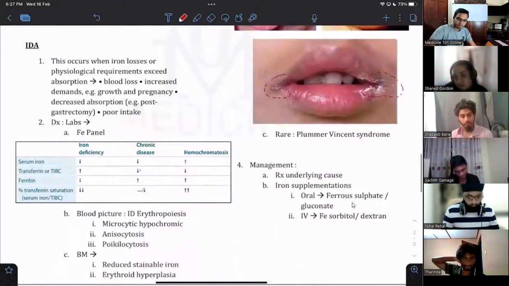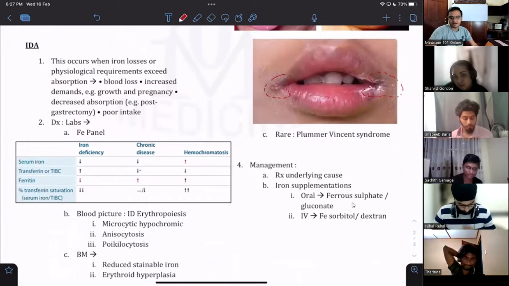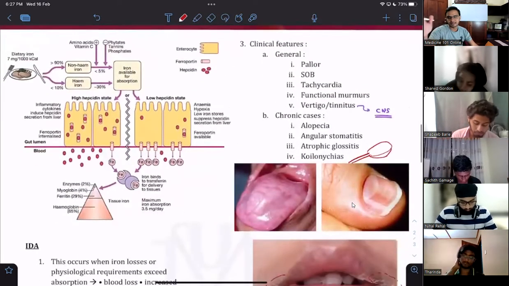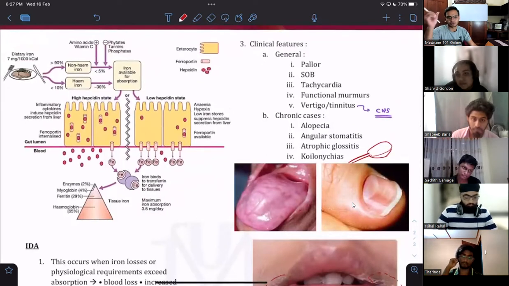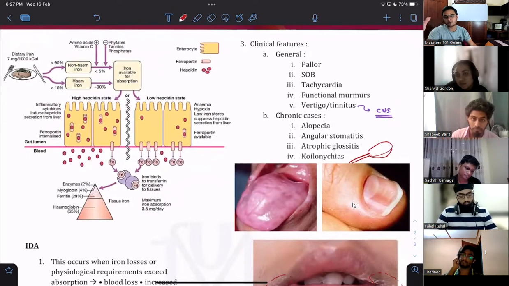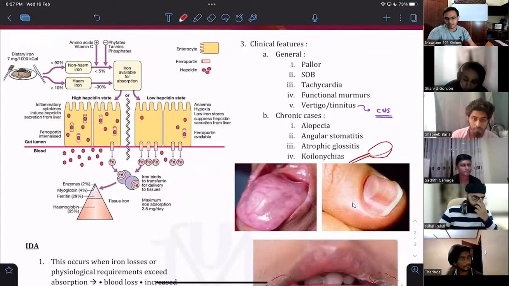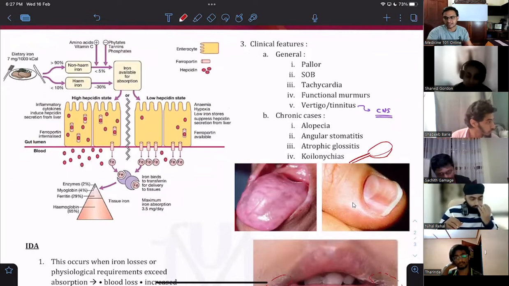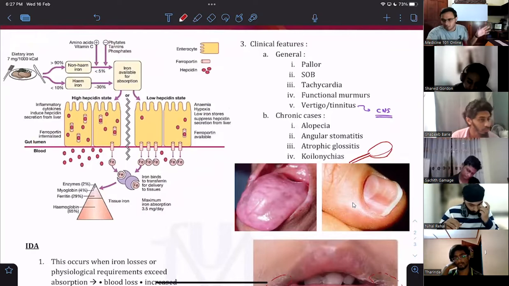Right, that's about that. And apart from these, guys, they can have signs and symptoms of any underlying cause. As a good doctor, always look for them, because iron deficiency anemia is usually not a disease by itself. It is usually a manifestation of some other condition. It can be a diet related issue or GI related issue or some other pathology.